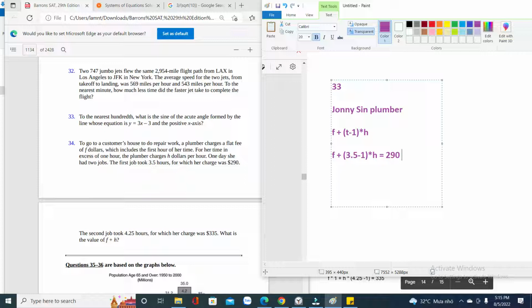And the second job is still F hours, so 4.25, which is going to earn her 335, right? So they asked us to solve for F and H, and then to solve for F plus H, okay?